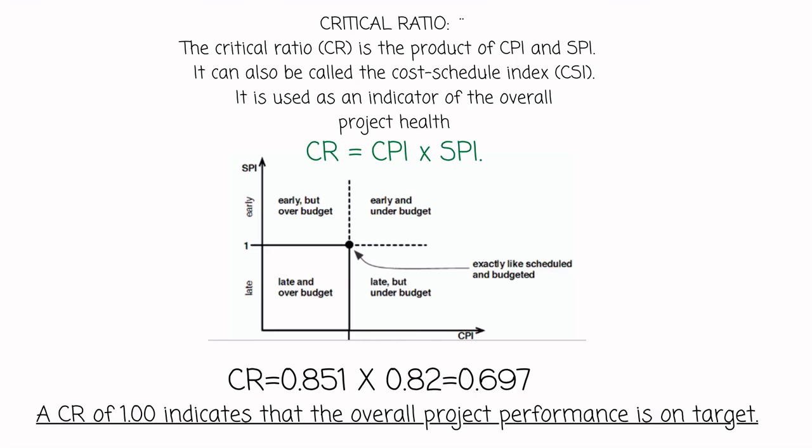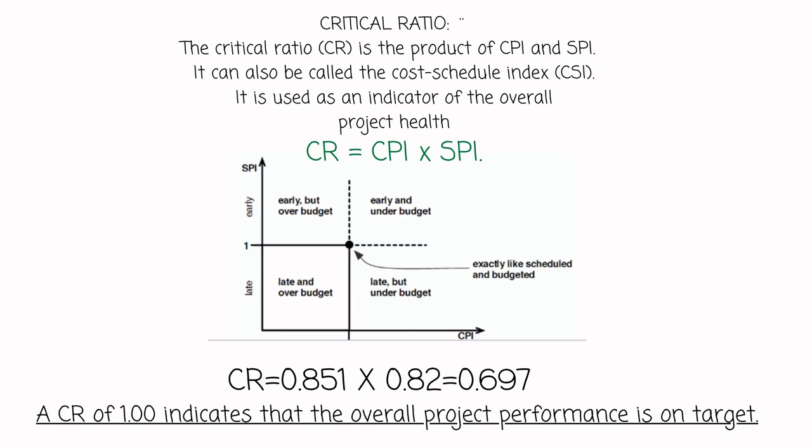A graph has been shown on the slide wherein there are four different scenarios, wherein my project is early but it is over budget. The early project means that I have the value of schedule that is greater than 1, but it is over budget, that is less than 1. So similarly, we have four quadrants where we are early and under budget, early and over budget, late and over budget, late but under budget.